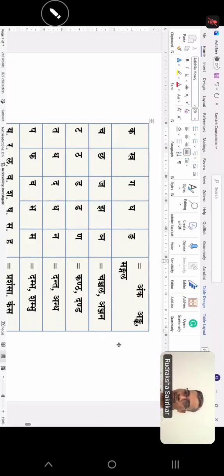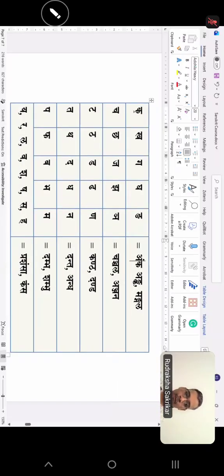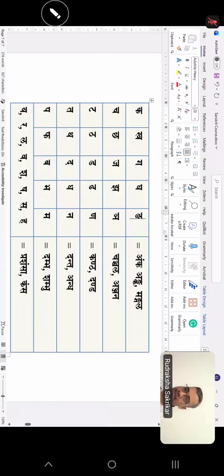Now after Anuswara, the next consonant is K, and therefore from the family of K, the nasal sound is Ng, and therefore we will replace that Anuswara with Ng, and the articulation will be Anka. Even if we write Anuswara, we articulate the same sound.